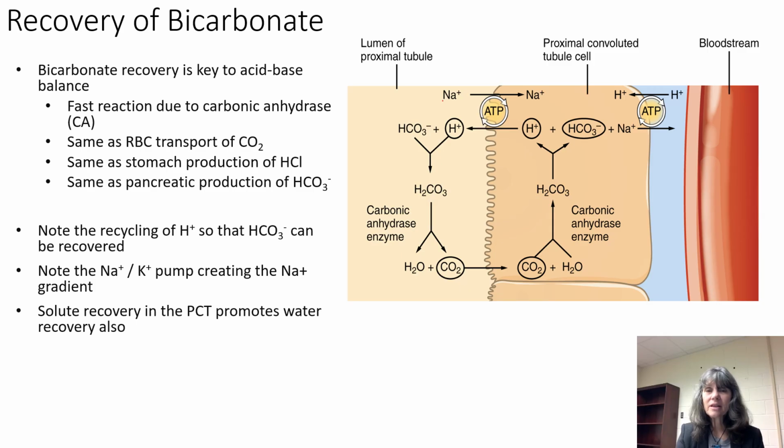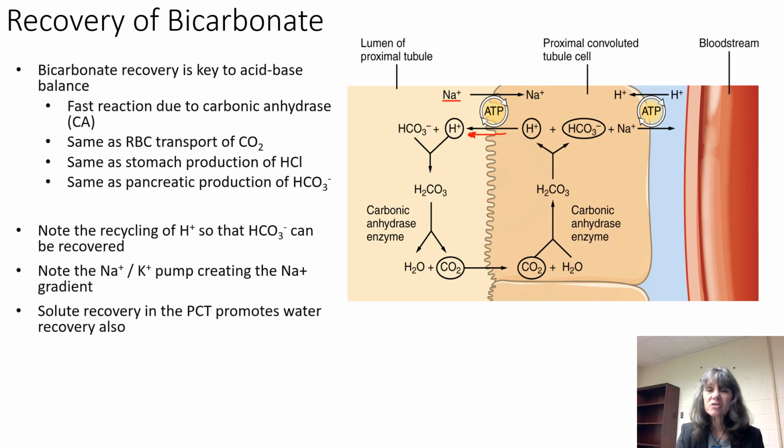So if we look at what's happening in the lumen of the proximal convoluted tubule, we can see that sodium is being actively transported into the proximal convoluted tubule cell, which is simple cuboidal epithelium, with the help of adenosine triphosphate. And when sodium is actively transported in, hydrogen ions are transported in antiport.